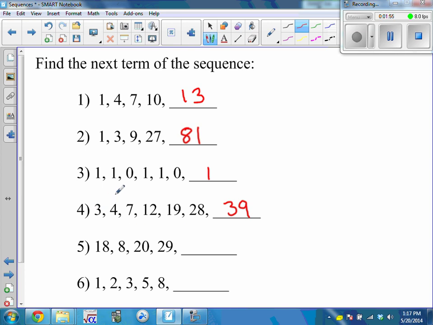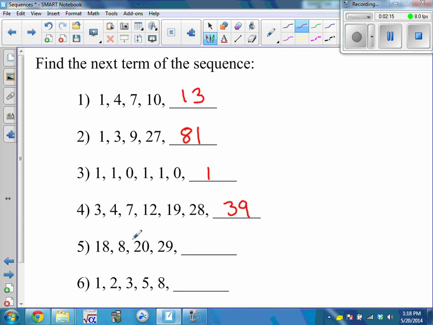I add 1, I add 3, I add 5, I add 7, I add 9, I add 11. If you see that pattern, bells and whistles go off in your head of what that means. We'll talk about that later. That's a very special type of sequence also.